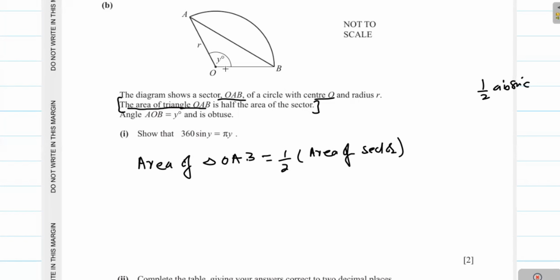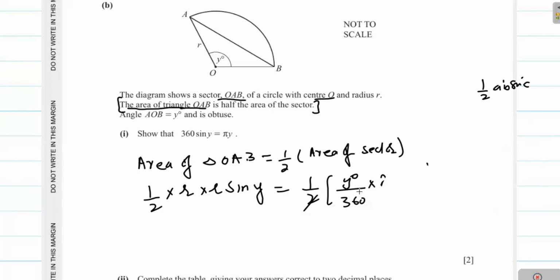Now, the length here is R. This is the adjacent length, OA and OB. Now, we will write 1 over 2 R into R. The angle between them is sine y. And area of sector is 1 over 2 y over 360 into pi r square. 1 over 2 will be cancelled.